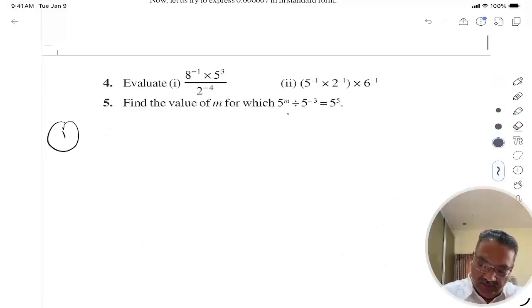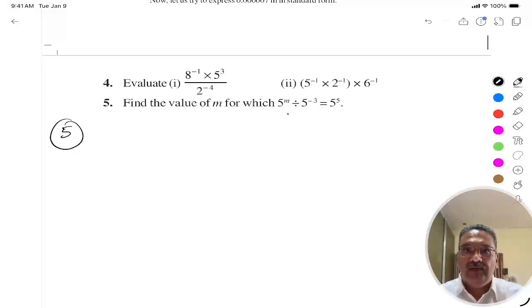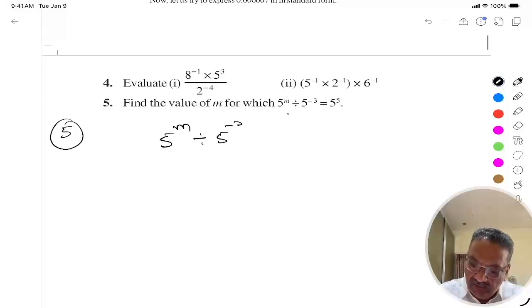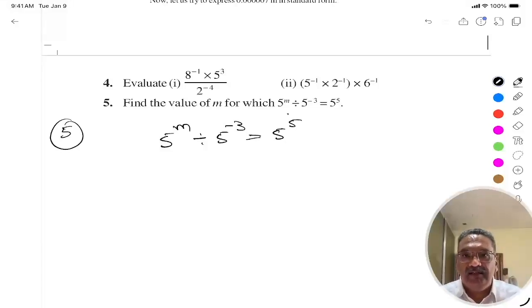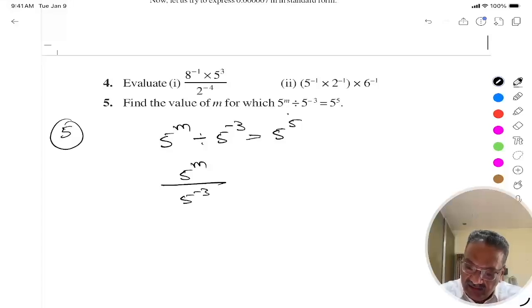Fifth question. What does the fifth question say? Find the value of m for which we have 5 to the power of m divided by 5 to the power of minus 3 is equal to 5 to the power of 5. What m gives the answer? Let us solve this. We have 5 to the power of m divided by 5 to the power of minus 3 is equal to 5 to the power of 5.